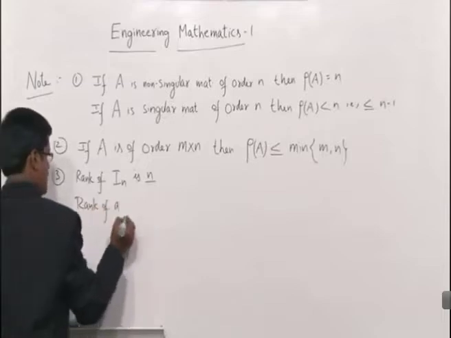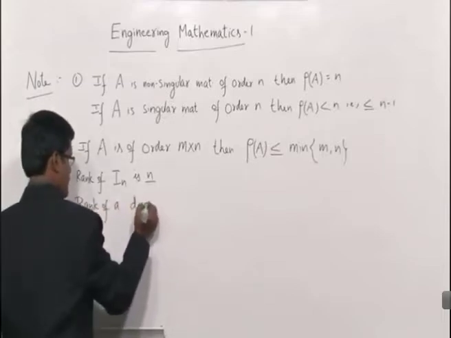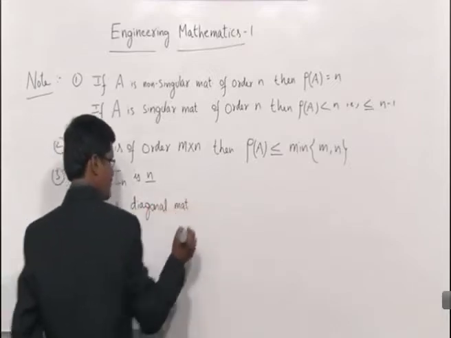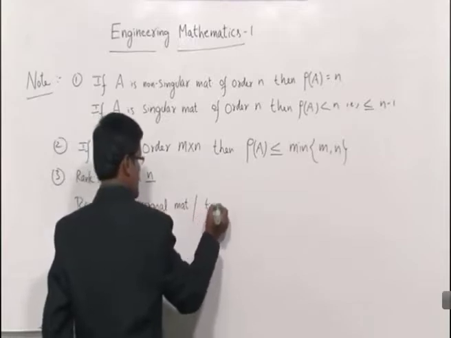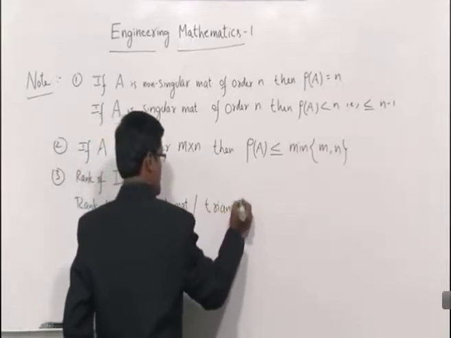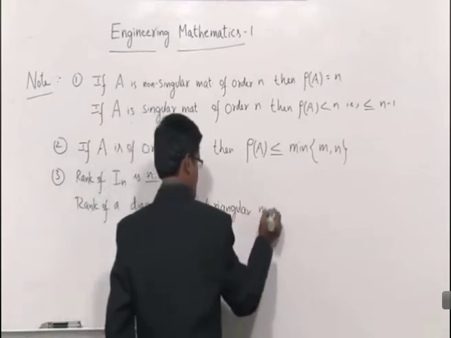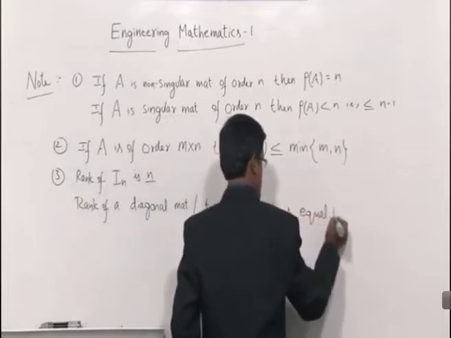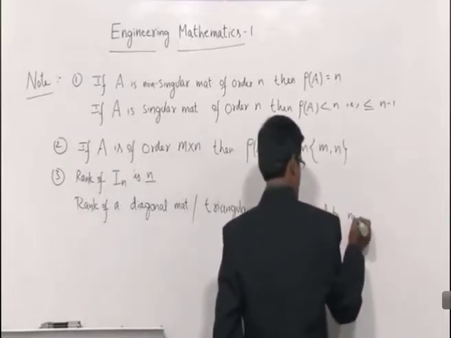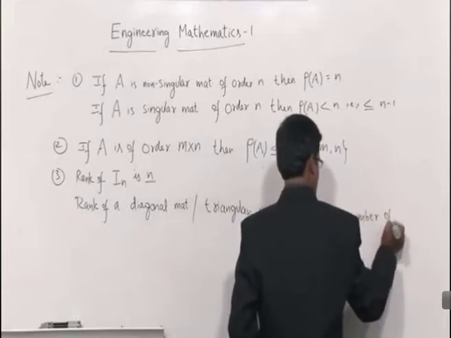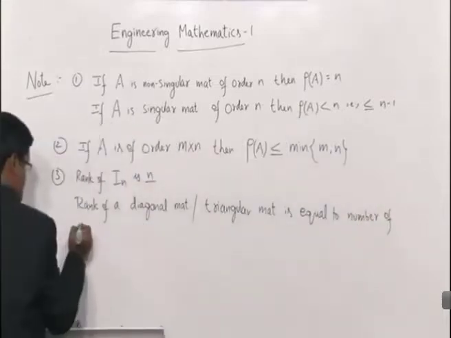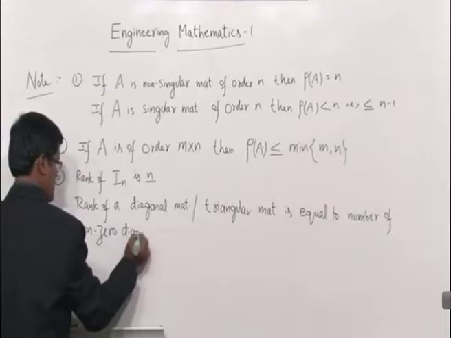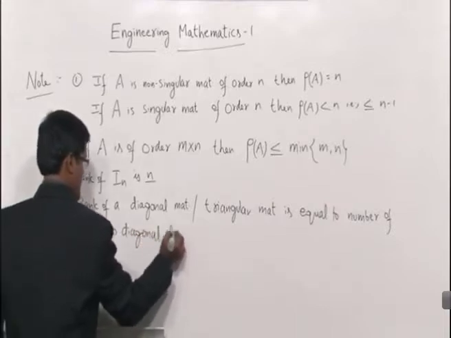Rank of a diagonal matrix or triangular matrix, that is either upper triangular or lower triangular, is equal to the number of non-zero diagonal elements.